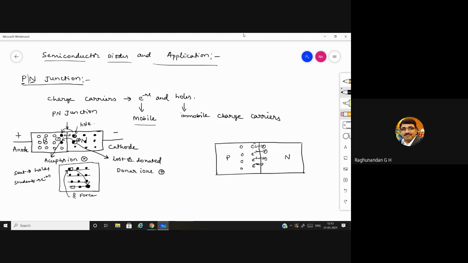Here you'll be having holes. Because of this movement of electrons and holes, this junction becomes the depletion region.